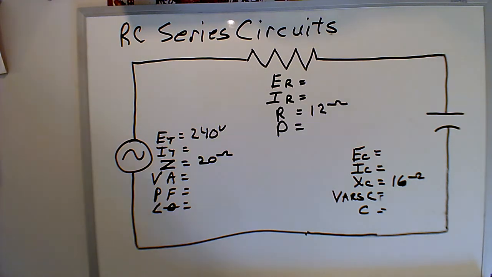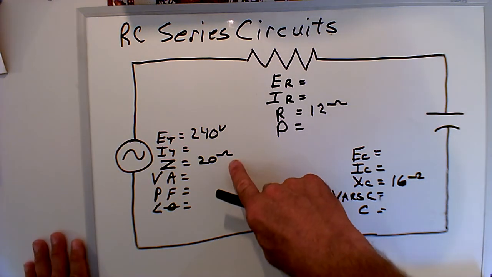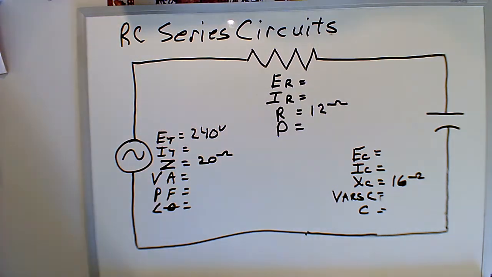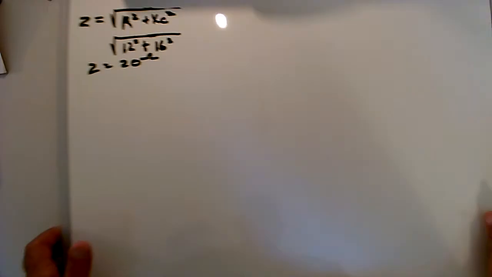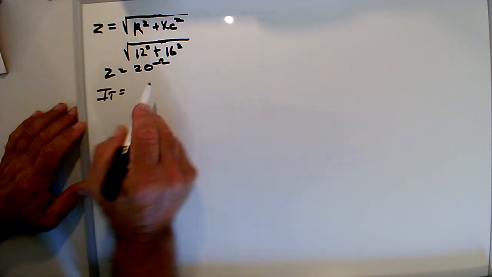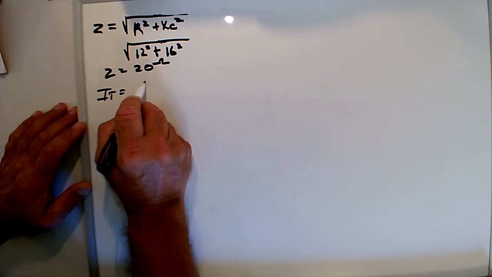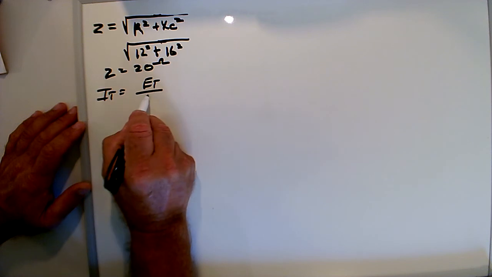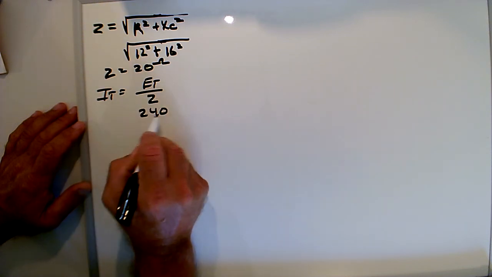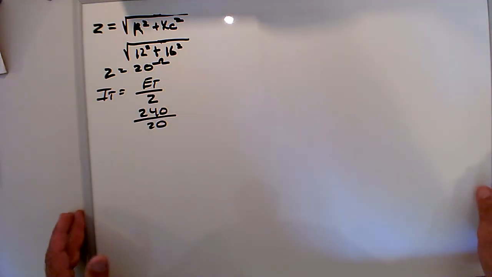And at that point, with the voltage and the impedance, I can solve for the current, the IT. So I can solve for IT since I have ET and Z. IT is equal to ET divided by Z. So in this case, it's 240 volts divided by 20 ohms, and I don't need a calculator for that.